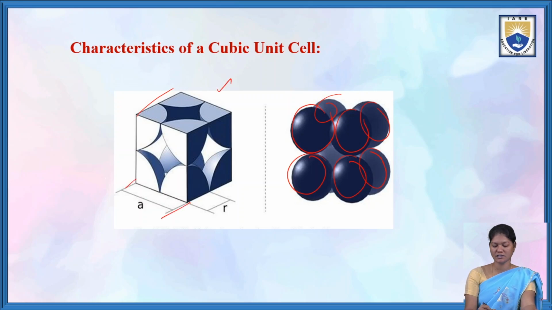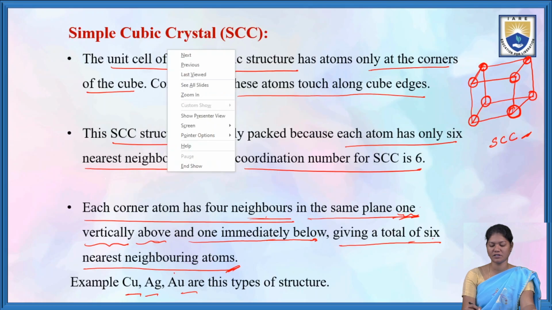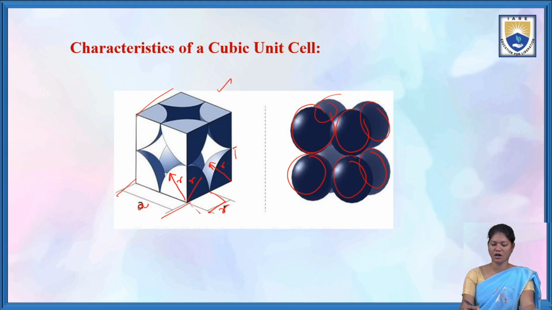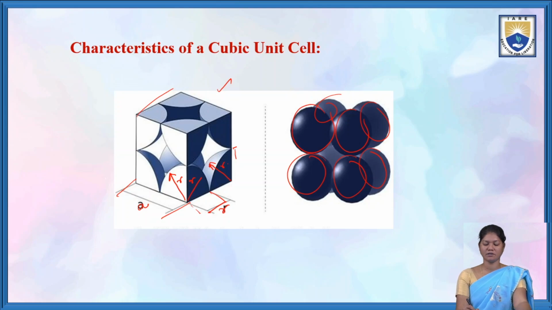The edge length is A and half the distance between the nearest neighbors is R. Here to here R distance, here to here R distance, and here to here is R distance. So half the distance to the nearest neighboring atom is the atomic radius.